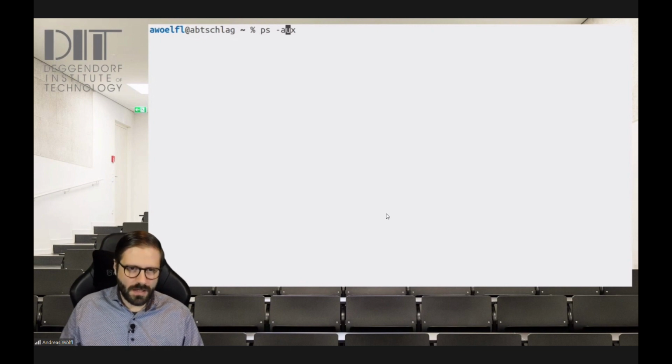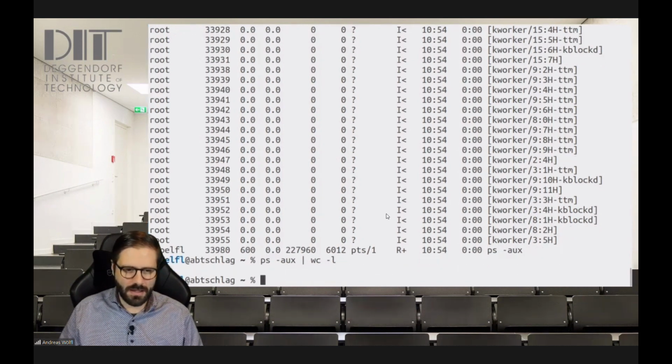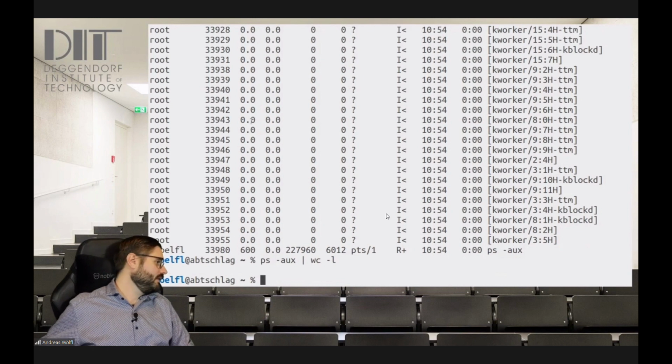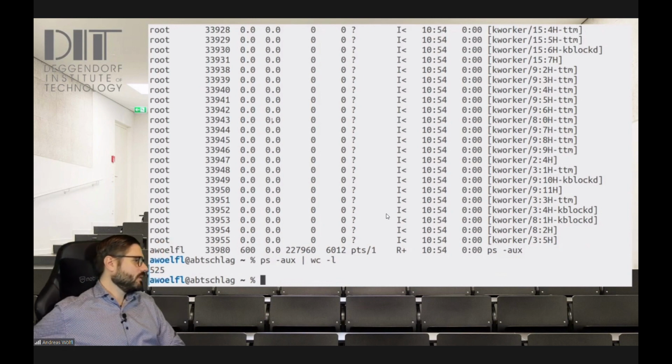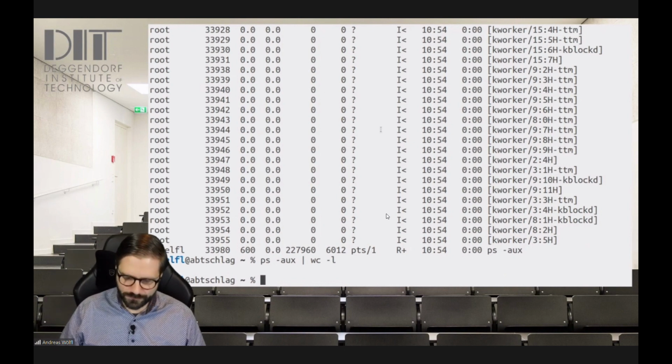And if you add the option aux, you get a list of all processes of all users that are currently in execution on the system. And it's quite a lot. In order to count these, we can use wc -l. And there you see that currently 525 processes are running on my system.